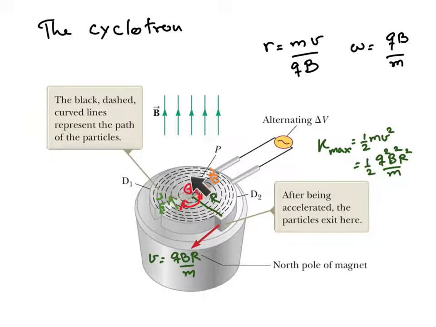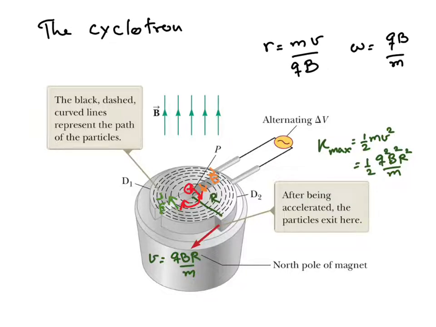Again, when it comes back to this point, the polarity of the voltage source switches again, and the electric field will change direction to this direction, and the positive charge will be accelerated again across the gap.